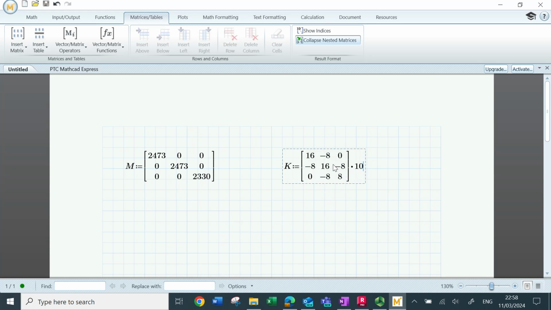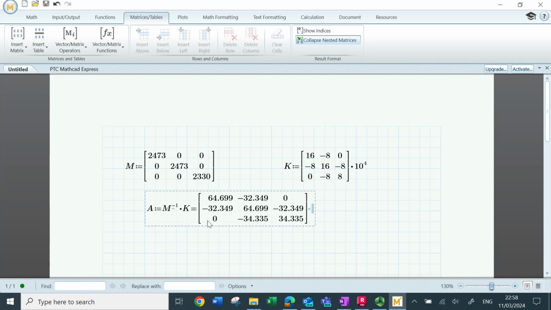Everything times 10 to the power of 4. And now A matrix is equal M matrix inverse times K. Which is this one.